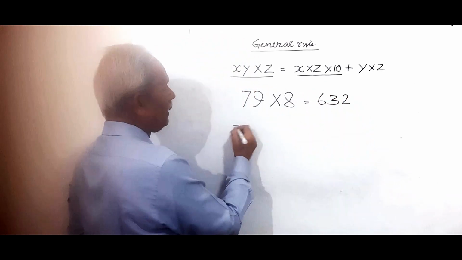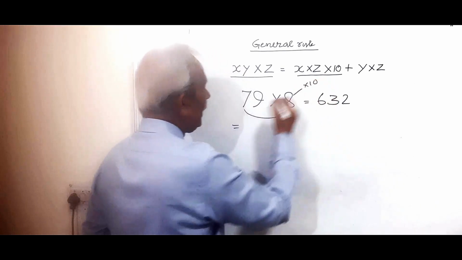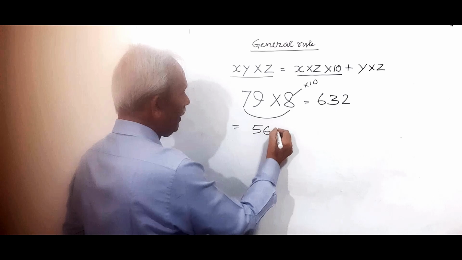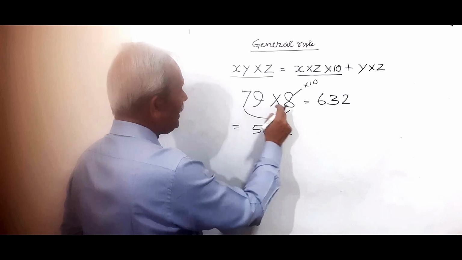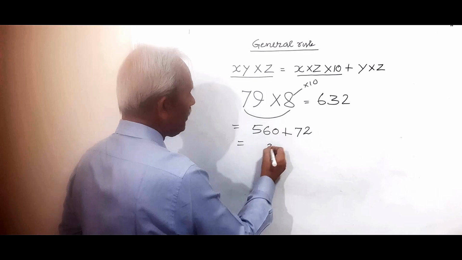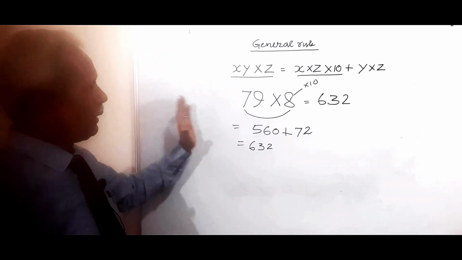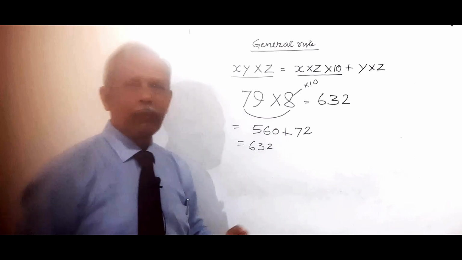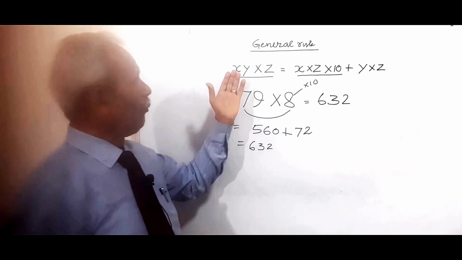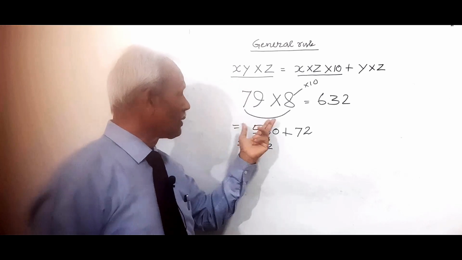How have I done it? 7 into 8 into 10 is equal to 56 into 10, 560, plus 9 into 8 is 72, and if you add these two, it becomes 632. So we can very well do any number between 1 to 100 with this method, with this general rule, by applying this formula.